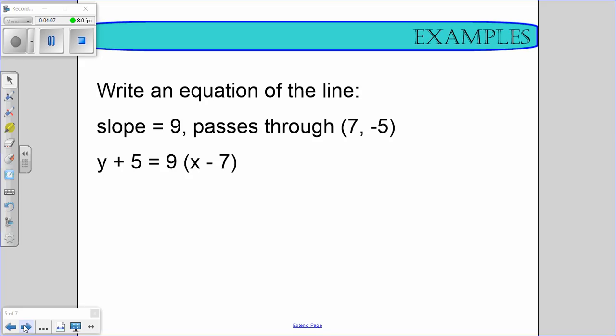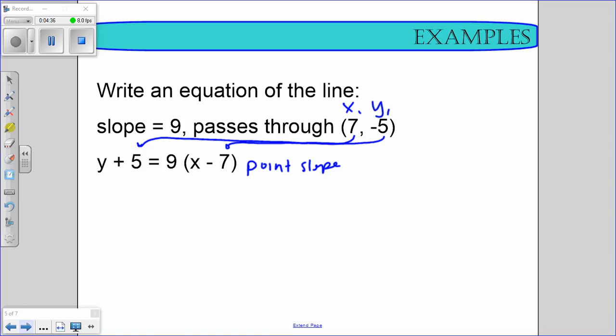So we put, this is our x1 and our y1. We put in our y, and we put in our x. y minus y1 equals 9 times x minus x1. Okay, so this is my point-slope form.